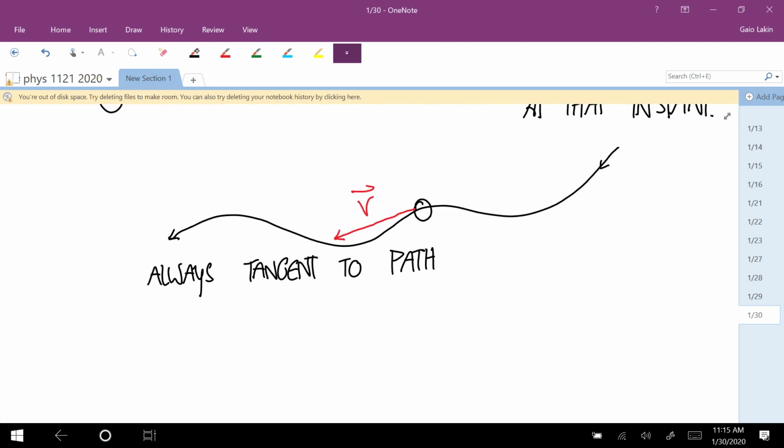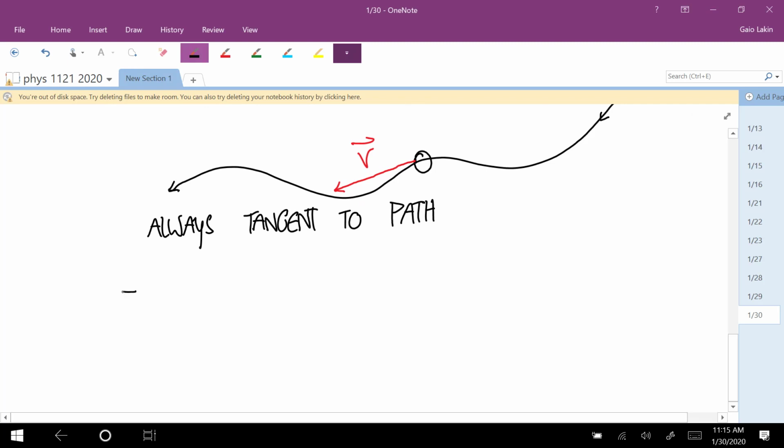And I want to try to be clear about something now. Notice that now, with this idea that the velocity is tangent to the path, we already have a way to draw two representations of motion.